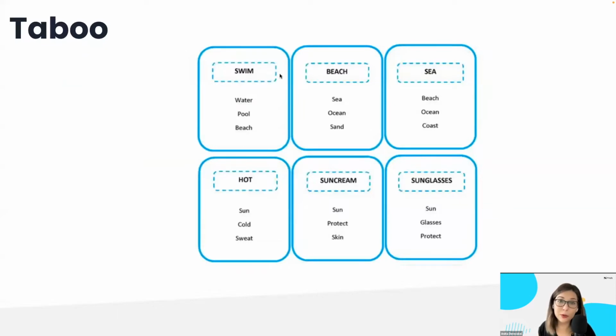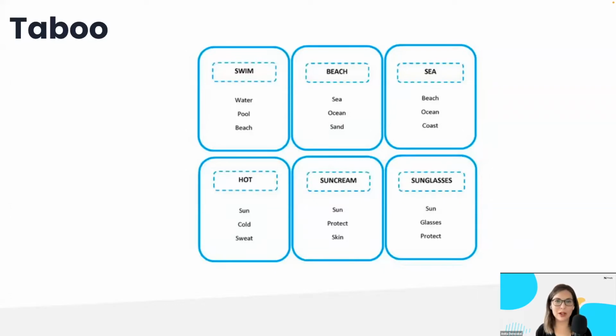If you're teaching groups, it can be a lot of fun because you can get one group to list the words and then pass it on to the other one digitally. But even in one-to-one, you could be creating these cards. Or something that I have done before with my one-to-one students is that we created the taboo cards weeks before when we would play them, and then we took them out and played with them.